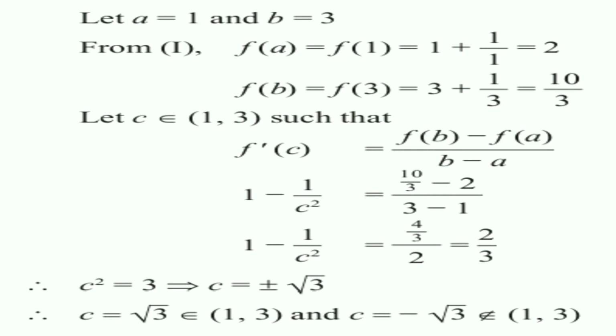Therefore, 1 minus 1 upon c square equals 4 upon 3 divided by 2, which is equal to 2 upon 3. Therefore, c square equals 3. Hence, c equals plus or minus root 3. Therefore, c equals root 3 belongs to the open interval (1, 3) and c equals minus root 3 does not belong to the open interval (1, 3).